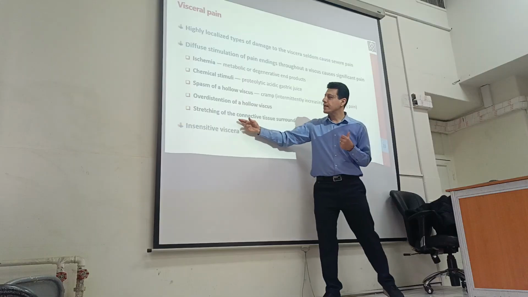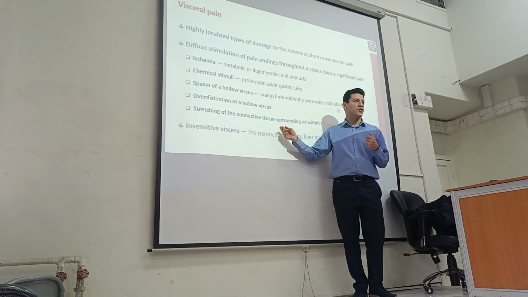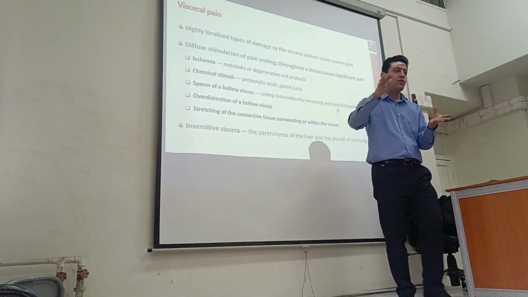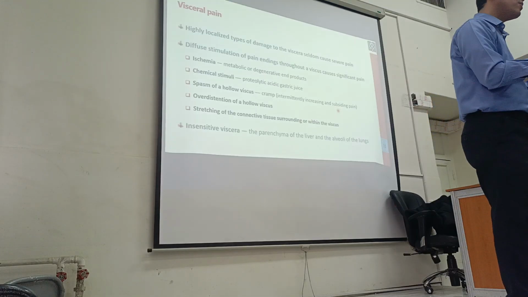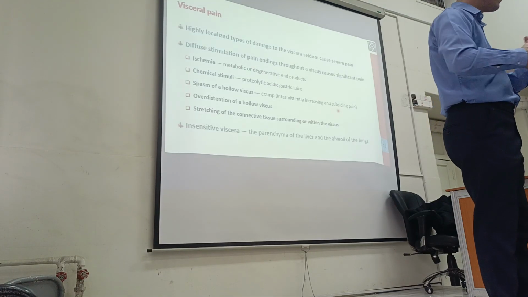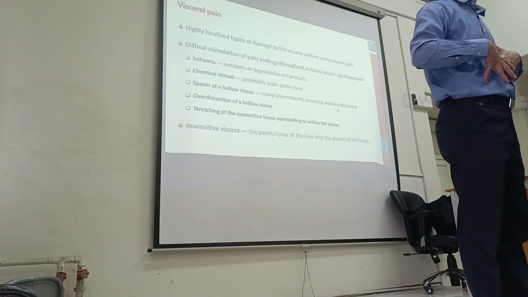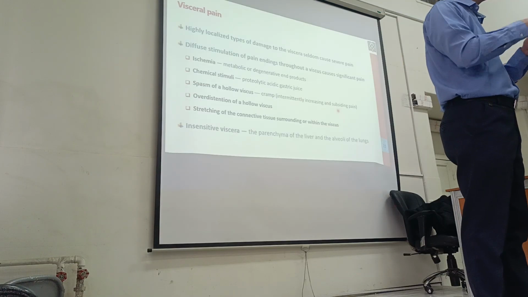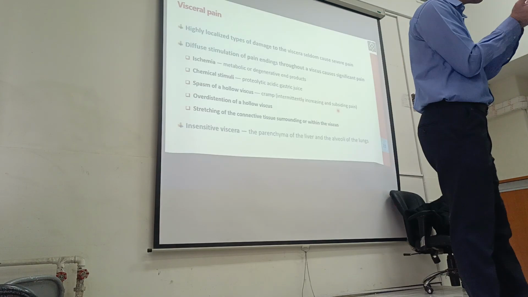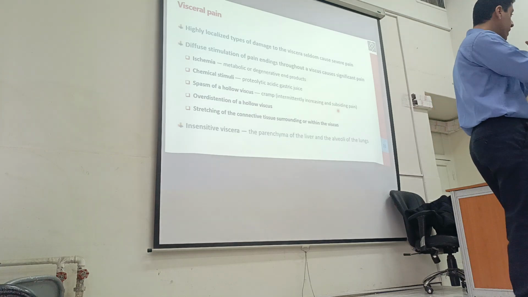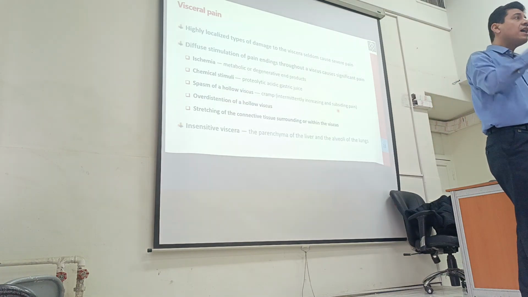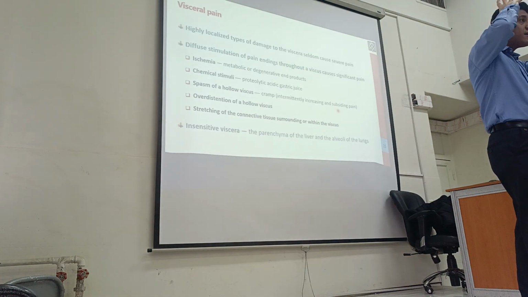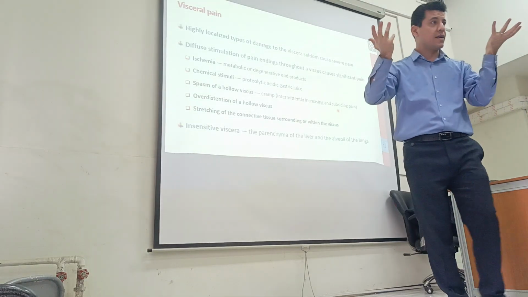And last one is stretching the connective tissues. Connective tissues that cover the internal organs. So you know that we have peritoneum that covers the stomach, intestine. We have pericardium that covers the heart. We have pleura, which covers the lung. We have also some layers that cover the brain, right?